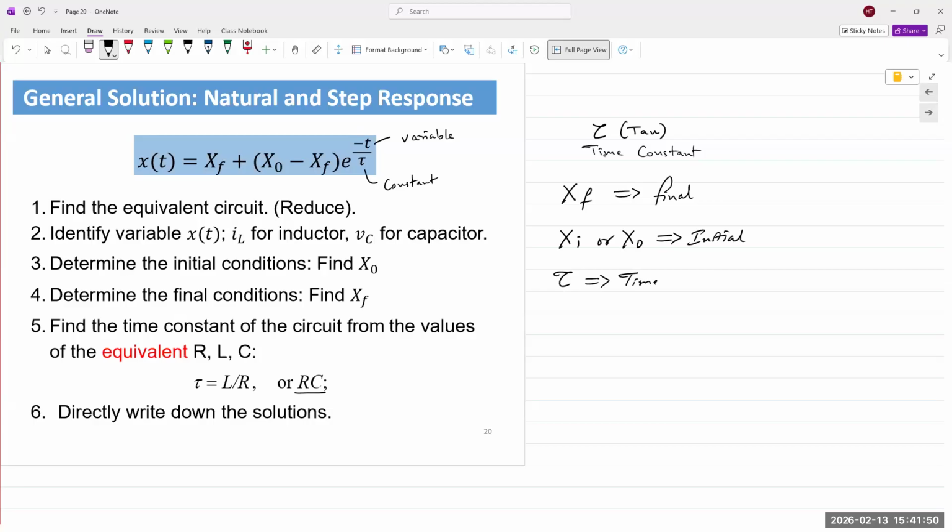These are the only three quantities we need. X stands for voltage and current. If you're analyzing for an inductor, we like to think in terms of current. So X would be current, I. So it would be II and IF. If you're analyzing for capacitor, it would be voltage, it will be VF or VI.